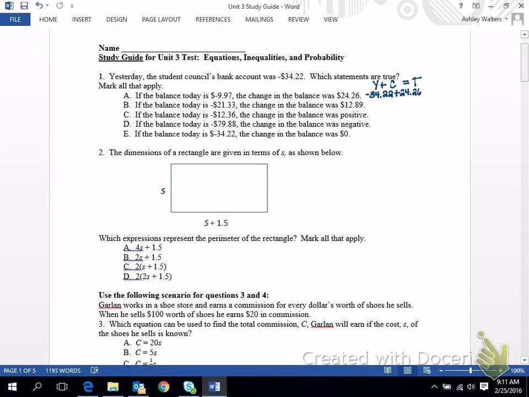And that is an account balance of negative $9.96. Because negative $9.96 is not negative $9.97, that is not a true statement and is not one of our answers.